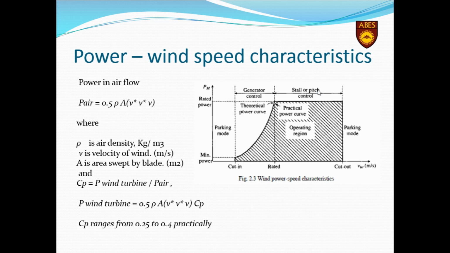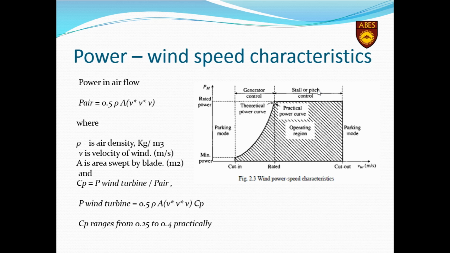If it is made to move into the wind, then certainly it comes under active control, and if it moves out of the wind, that is mostly used in wind turbine techniques, that is called pitch control, and we use this particular technique beyond the rated value of wind speed.